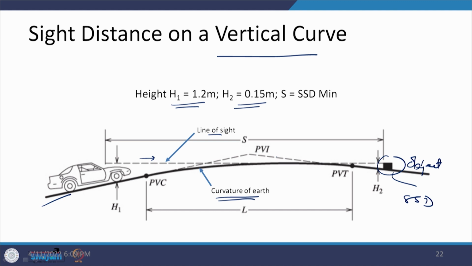Now, because of this curvature, this is getting tangential here, and we are able to see this object which is 0.15 meters high, and therefore, this distance which is going to be traveled here is the SSD to be provided.